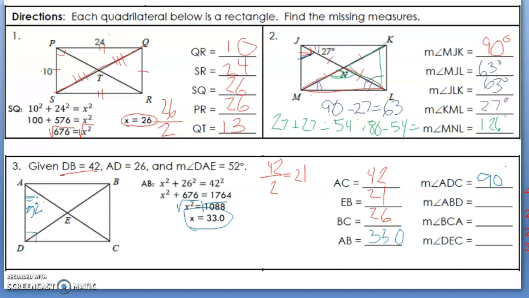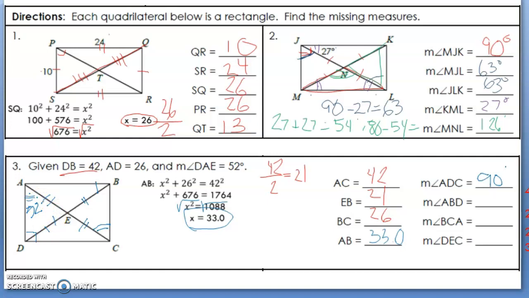Now, angle ABD. ABD is right here. This is a new triangle on a different side, so we do not know this one off the top of our head, so it's going to take a little bit of work. We know this angle is 52 degrees, though. Its alternate interior would be angle BCE, so that angle is also 52. Now remember, because the diagonals bisect each other, we've actually created isosceles triangles.